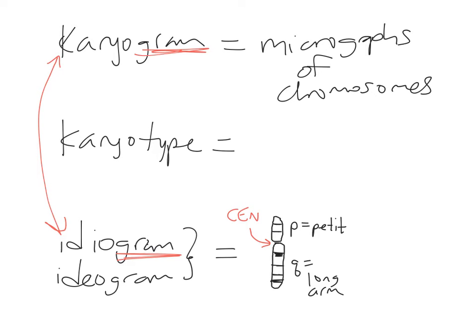What's a karyotype? Let me finish drawing a little ideogram down here. So there's submetacentric or acrocentric. What would it look like if I drew a telocentric chromosome, an ideogram of a telocentric chromosome?